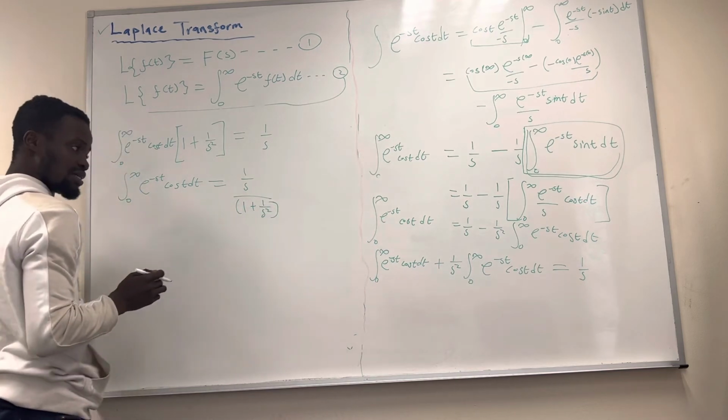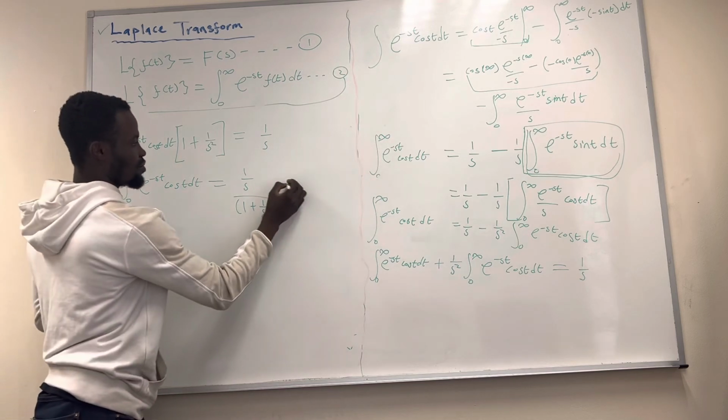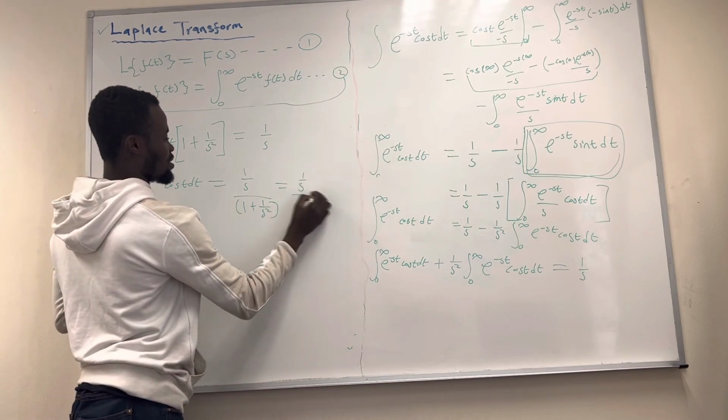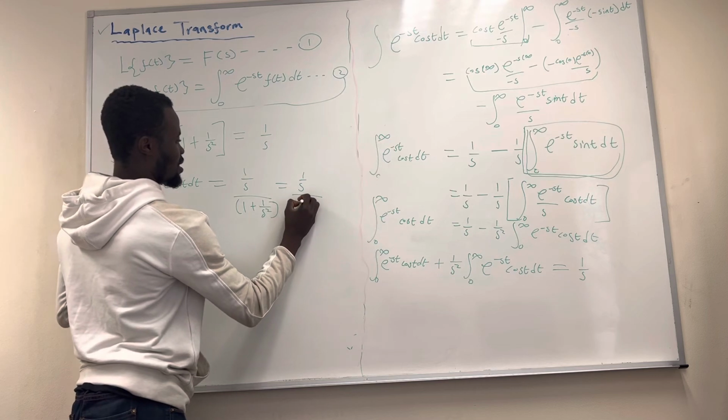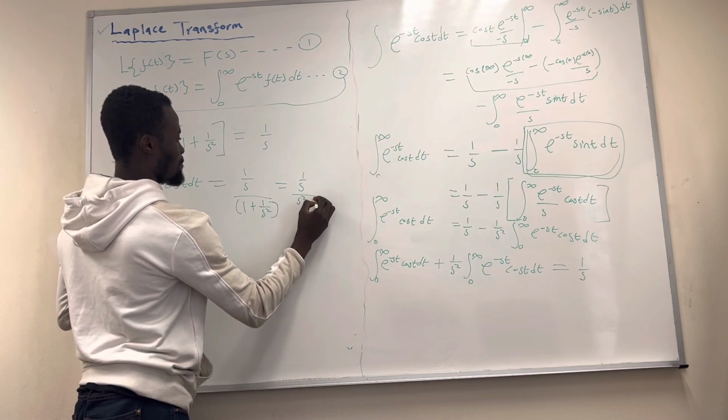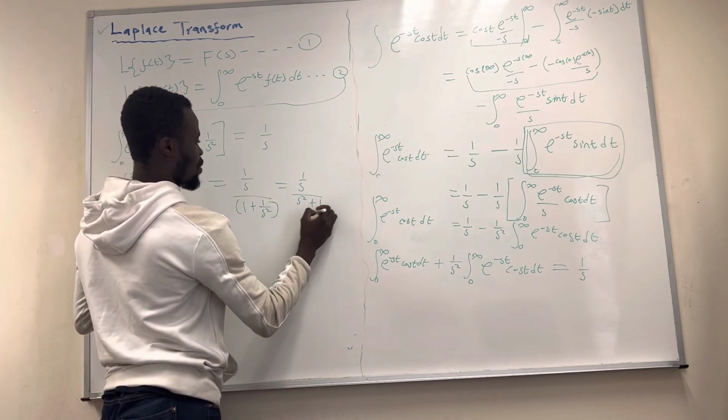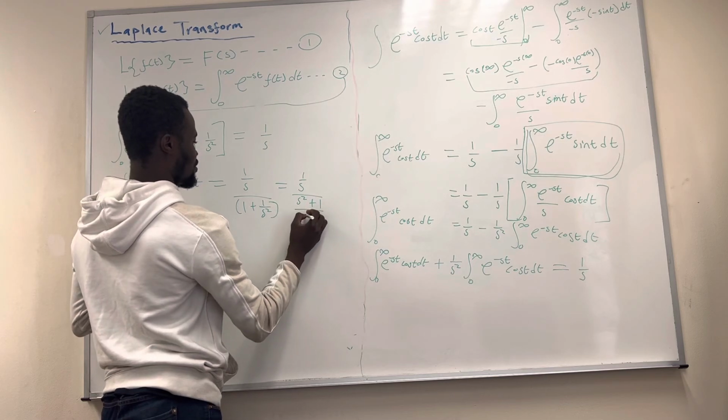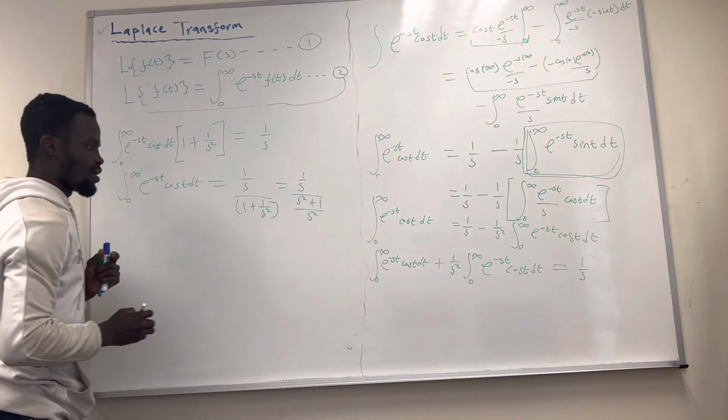Okay, something like this. So here is the same as 1 over s divided by s squared plus 1, all divided by s squared. Okay, good.